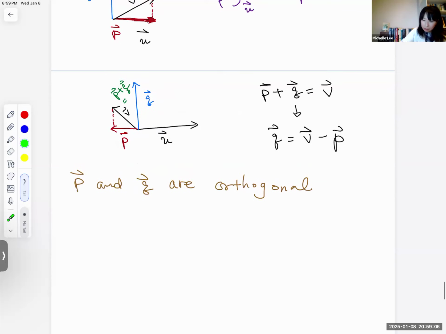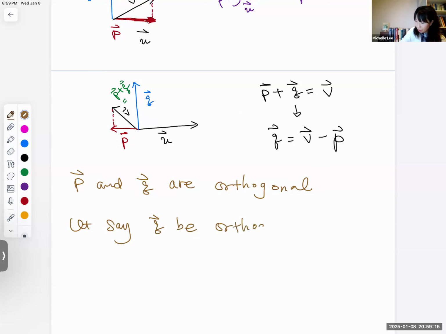So let's say that Q be the orthogonal complement. Or we can say that P is the orthogonal complement. Make sense to you, what the terminology means? Okay. Now let's go back.